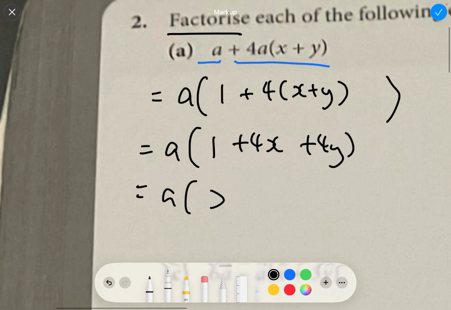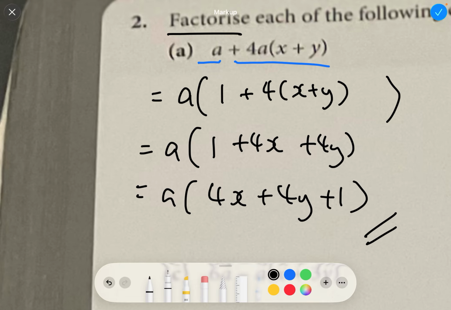So I will leave my answer as 4x plus 4y plus 1. Yes, you can put these 3 in any order also can. So you can stop here also can. You can stop at this line. You can also stop at this line.